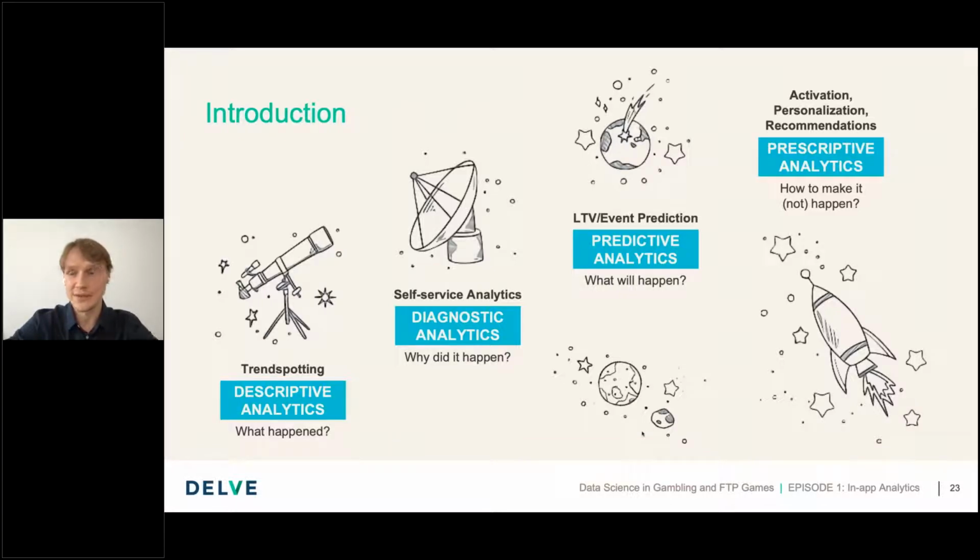And lifetime value prediction or event prediction are just two examples of predictive analytics, which can span many other use cases like churn prediction and offers prediction for in-app. Some other gameplay scenarios can be predicted and adjusted in some very advanced implementations. And the final destination of this whole journey and endeavor is prescriptive analytics.